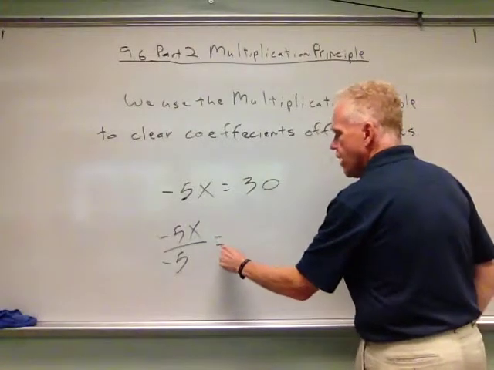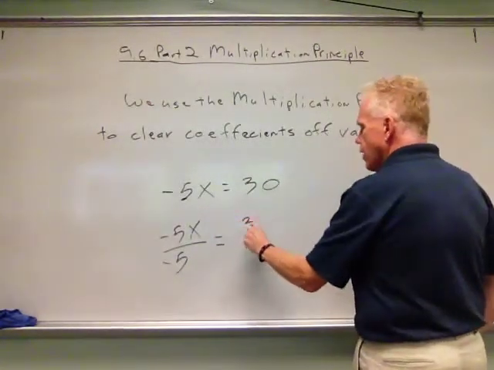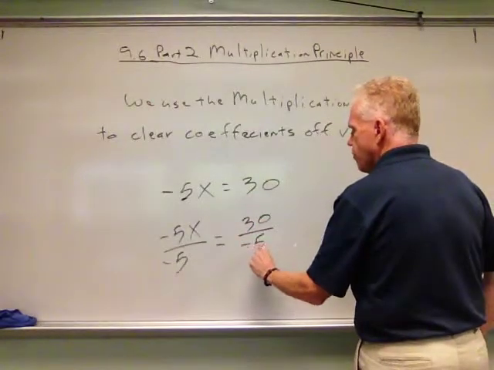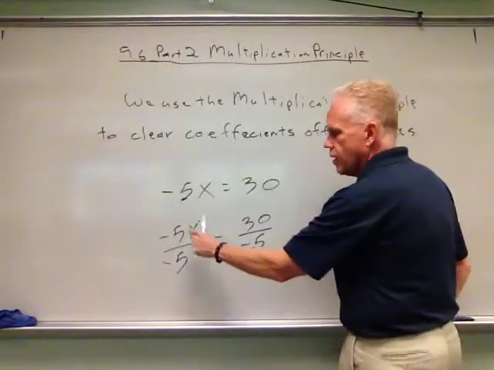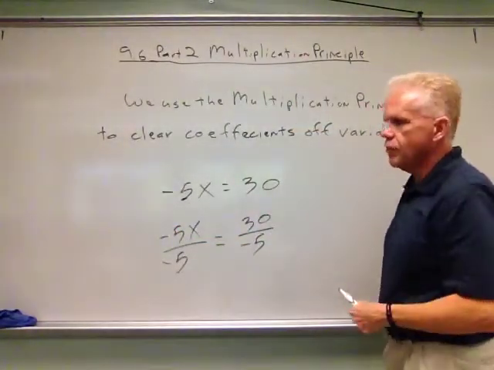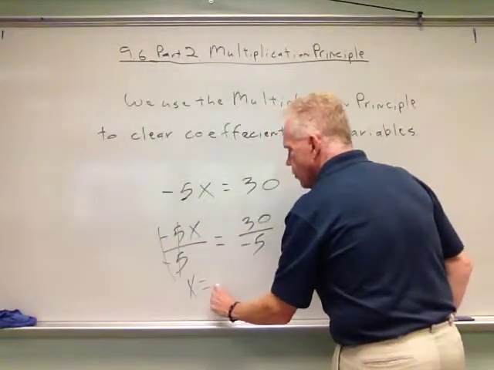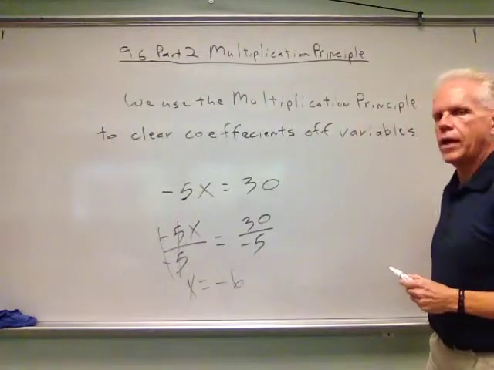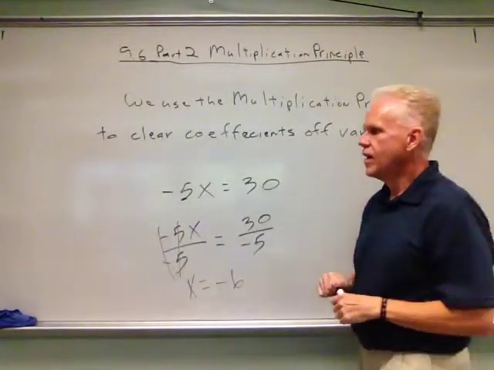And then over here on this side, to balance the equation, important to keep the equation balanced, we'll take the 30 and divide that by negative 5. The whole reason we divided by negative 5 is because we knew that that would cancel out the negative 5 or clear that coefficient off that variable. So this cancels out, leaving me x equals negative 6 for an answer.